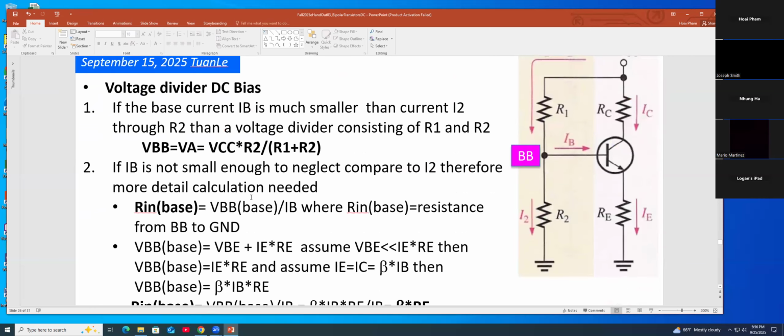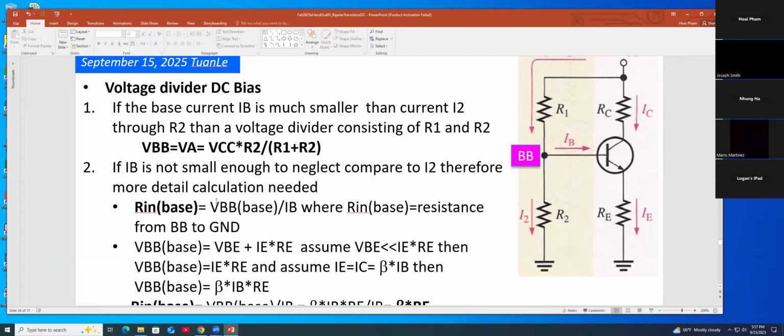Now, if you're looking at this one, basically, if the base current IB is much smaller than the current I2 through R2, then the voltage divider consists of R1, R2, and VBB equals VCC times R2 divided by R1 plus R2.